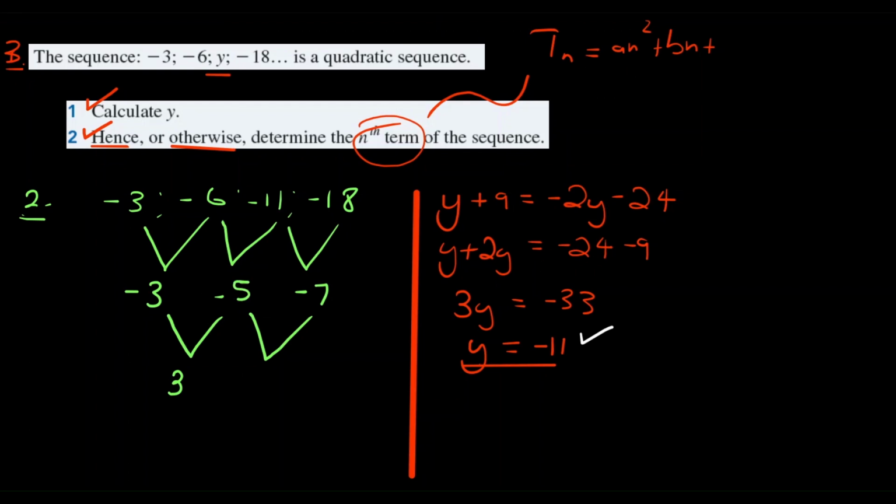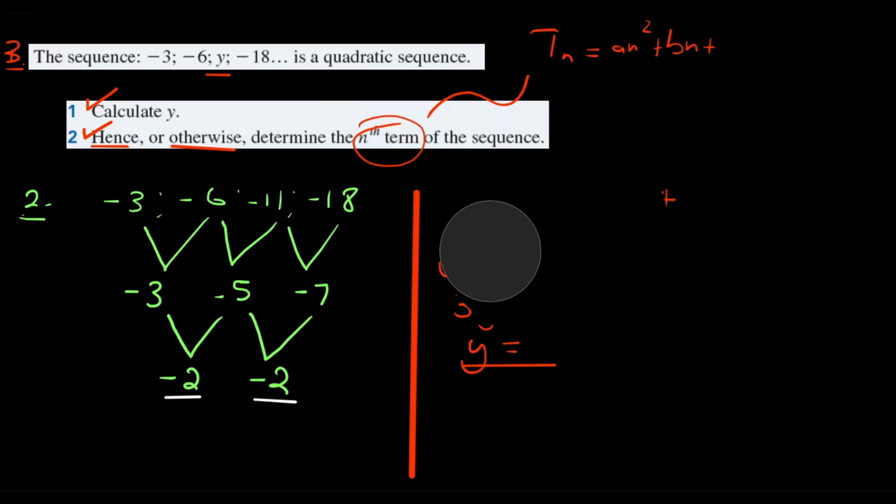And -7 minus -5 is nothing more than -2. So you can see that your second difference is common, or constant. So we need to find our general term. And how do you calculate this general term?